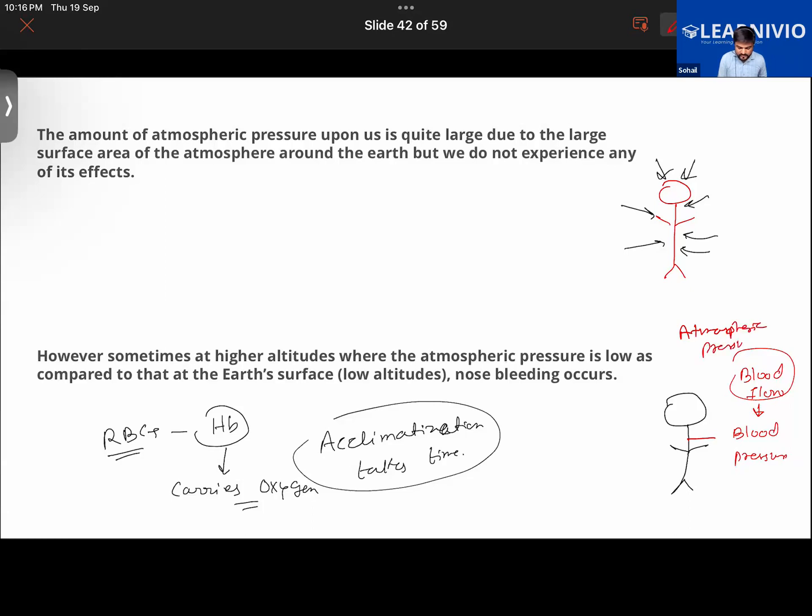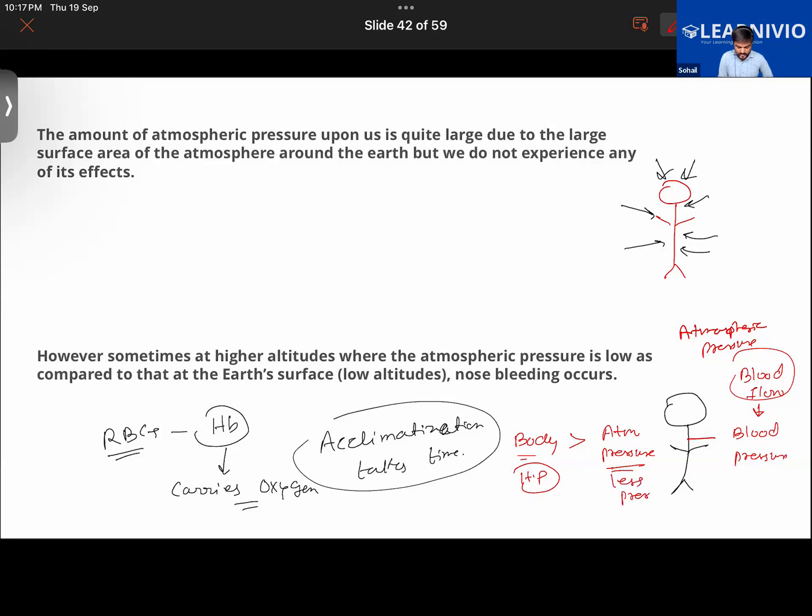Now, in this situation, the pressure inside the body is more than the atmospheric pressure. And we know that movement of anything takes place from a region of higher pressure to a region of low pressure. Your body has high blood pressure. The pressure generated in your body is more, while the atmosphere, as compared to your body, will be having less pressure.